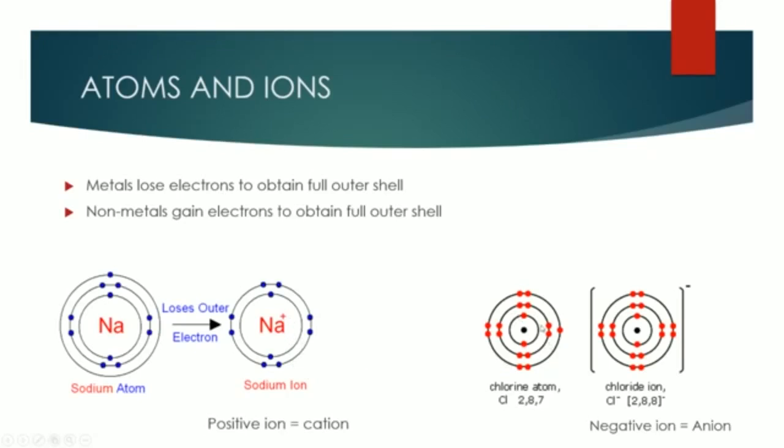Oppositely, in a chlorine atom, you have 7 outer electrons. All it needs to do is gain 1 electron, and when it does so, you have more electrons than protons, in this case 1 extra electron, so it becomes a negative charge, and a negative ion is called an anion. So basically, when an atom gets charged because it loses or gains electrons, it becomes an ion.